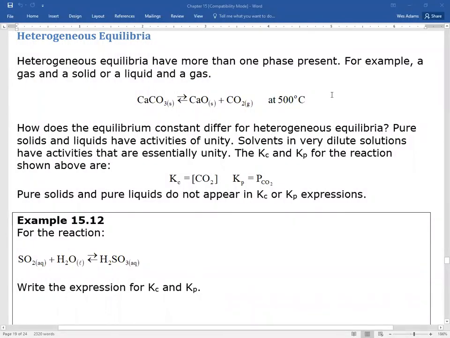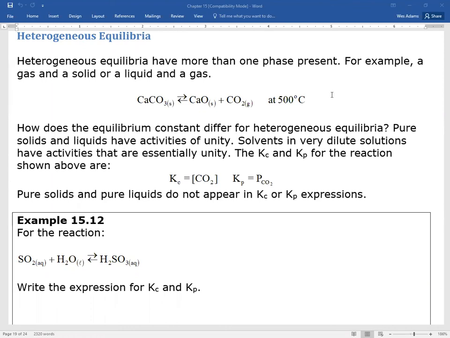All right, let's talk a little bit about heterogeneous equilibria and how they affect Kc and Kp. Heterogeneous equilibria have more than one phase present in equilibrium, which we haven't really talked about at this point. For example, if we have solid calcium carbonate forming calcium oxide, both solids, but carbon dioxide is a gas at 500 degrees Celsius.